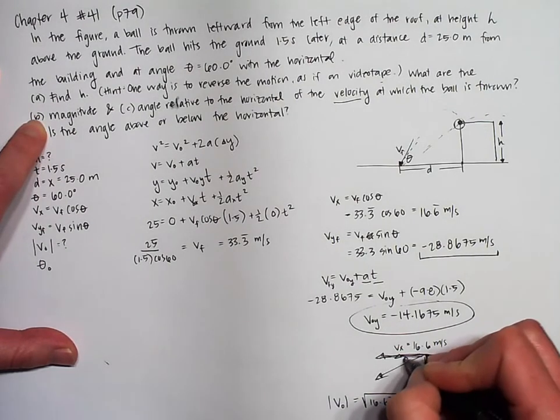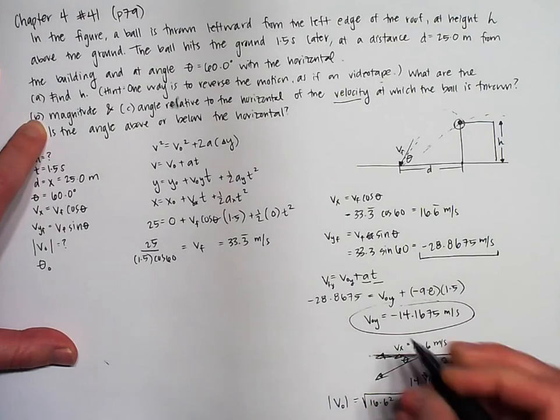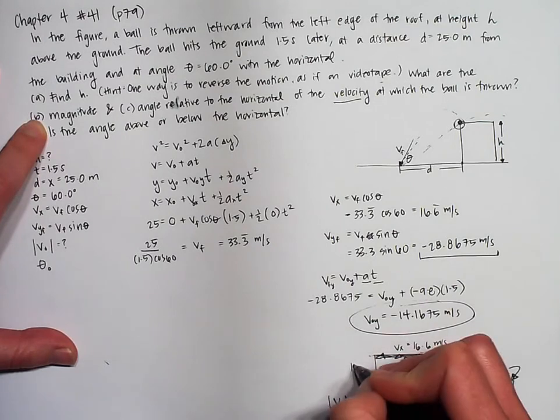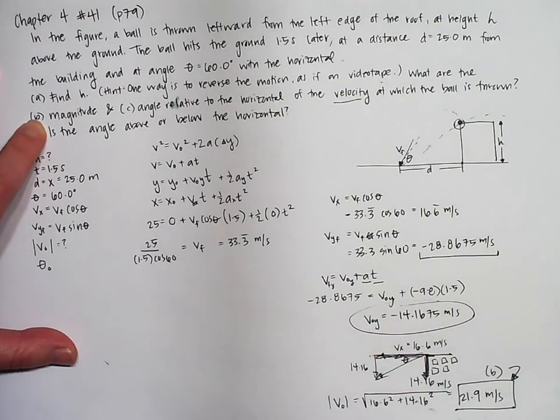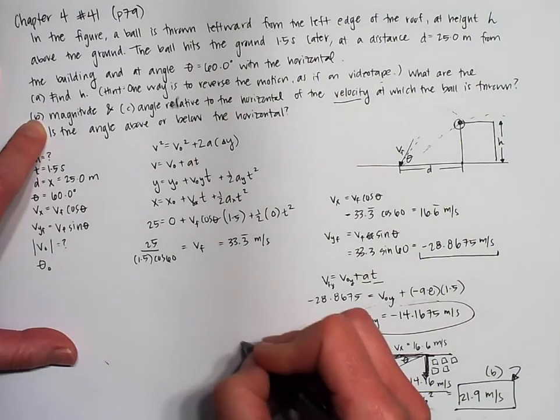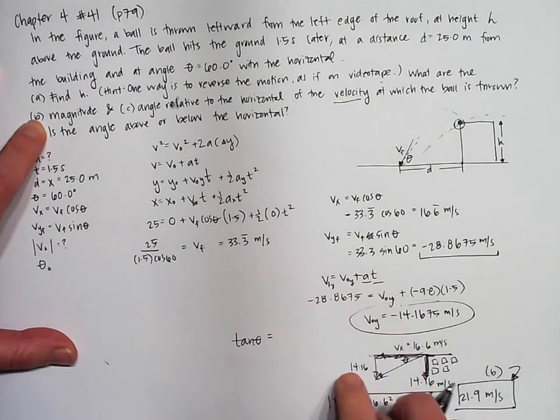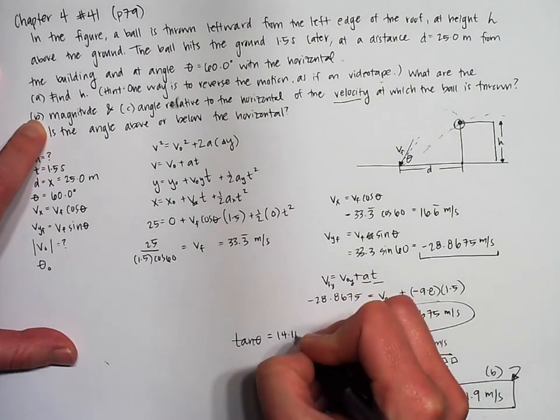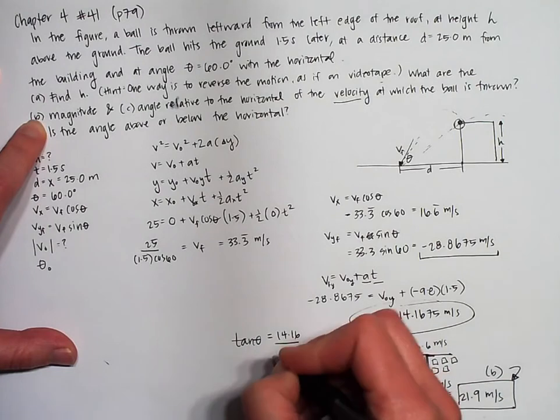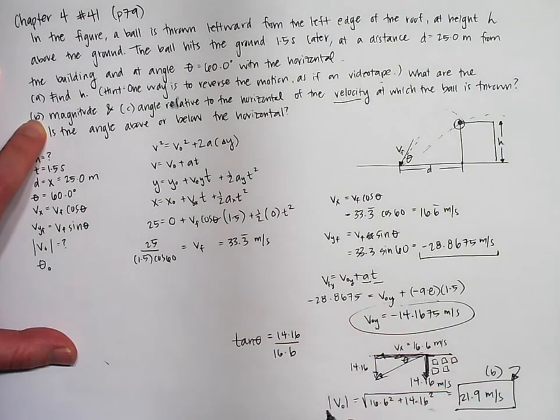And then now I'm going to figure out this angle. It says relative to the horizontal. I'll redraw my 14.16 right there. And so I can see that I can just use tangent of theta. So let's do that right here. Tangent of theta equals 14.16 over 16.6.